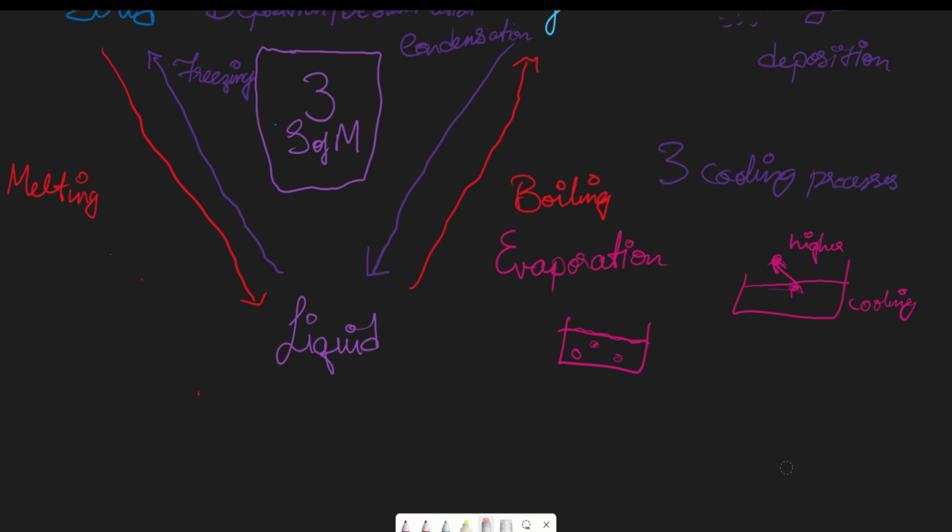That's because higher speed molecules means they're at a higher temperature, because temperature is the measure of the average kinetic energy. This is what temperature is. So the total kinetic energy drops, so the average drops. This is what happens in evaporation.